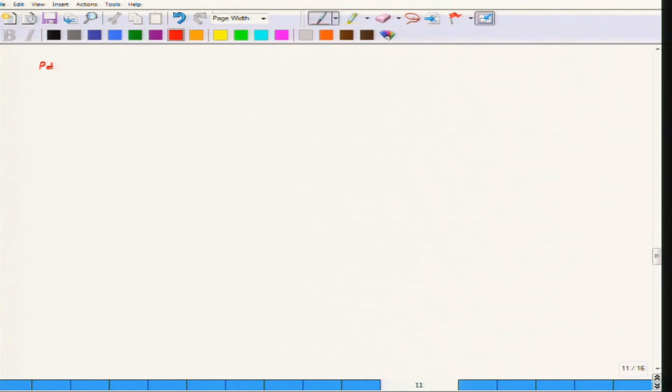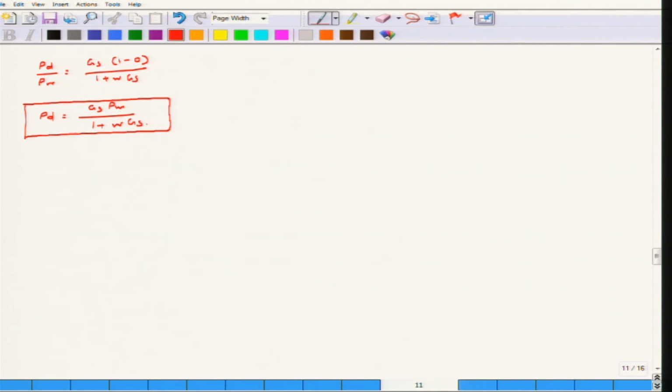So we get rho d by rho w is equal to Gs into (1 minus 0) by (1 plus w into Gs), that is rho d is equivalent to Gs into rho w by (1 plus w into Gs). So this is the formula for the zero air void curve. Here the saturation is always 100%, and this is the equation for the 100% saturation line.